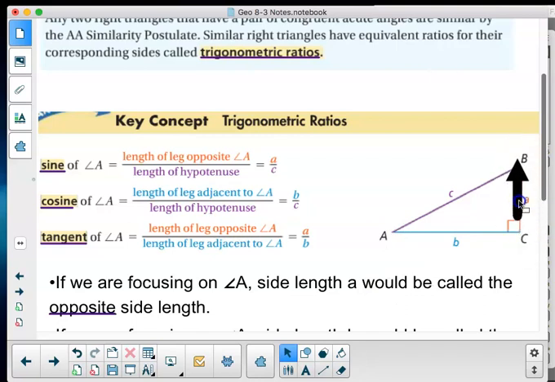The letter associated with opposite of B is a small b, and associated with this capital C is a small c. So when we're looking at this, we're going opposite over hypotenuse, and that is the ratio for sine.